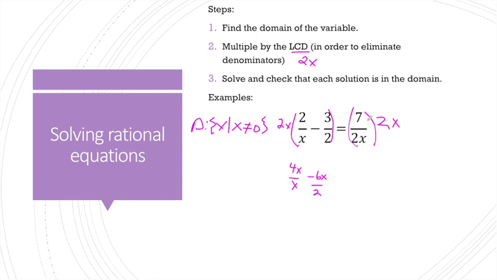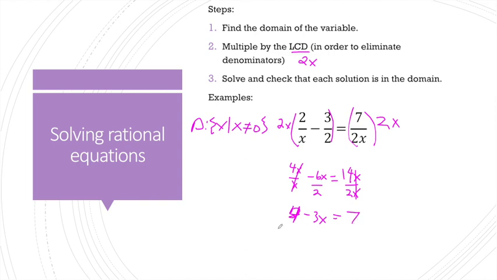And 7 over 2x times 2x, that gives me 14x over 2x. And if we can simplify these functions, we'd see our denominators will cancel. This leaves me with 4 minus 3x equals 14x divided by 2x. My x's cancel. 14 divided by 2 is going to be 7.